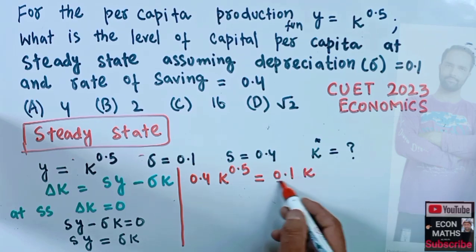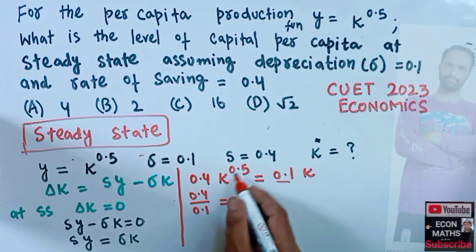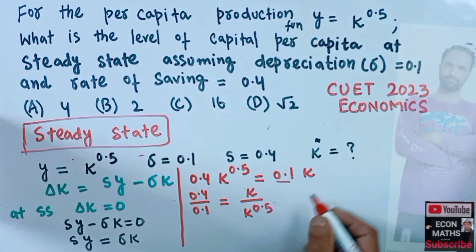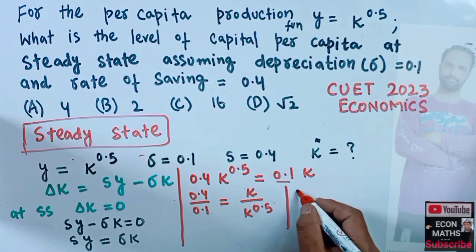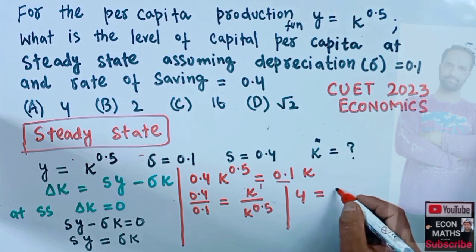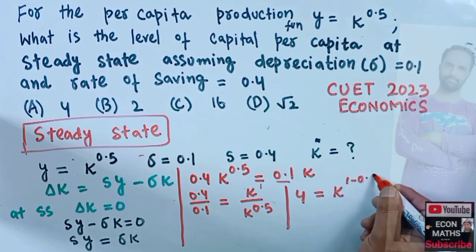Now if I transpose this term, it will get divided. We have 0.4 divided by 0.1 is equal to k upon k to the power 0.5, if I transpose this k. Which implies 0.4 upon 0.1, which is 4, is equal to, since the bases are same, we can subtract the exponents, k to the power 1 minus 0.5.